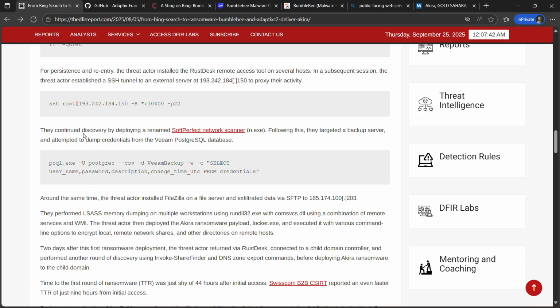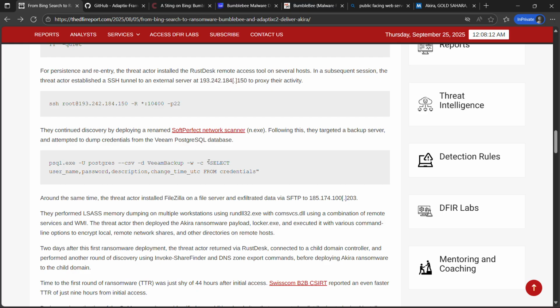What they did is write code to extract some data from the database.